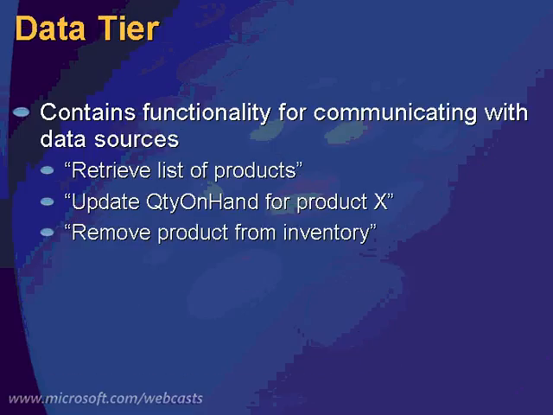And then finally, we have a data tier that contains all of the functionality for communicating with any of the data sources that our applications rely upon. So the data tier contains functionality for actually executing queries, handling the results, and then passing back those results to the business tier.